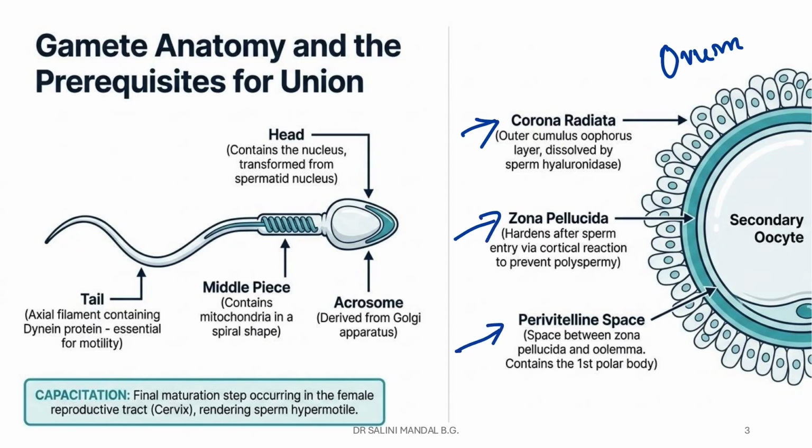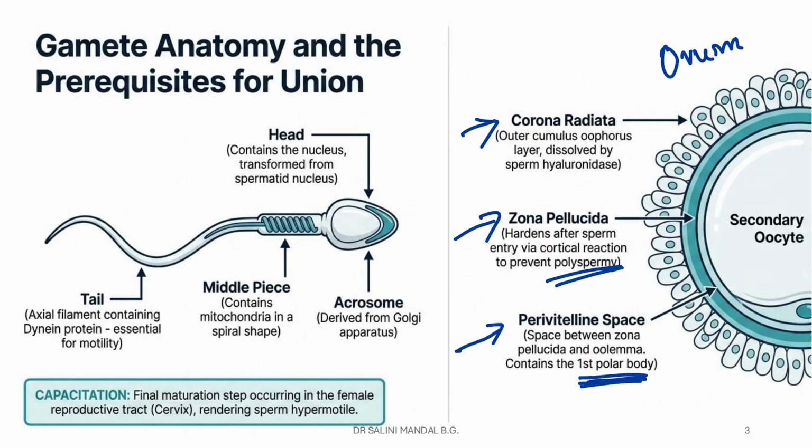The space between the zona pellucida and the oolemma is known as the perivitelline space, and this is the place where the first polar body is present. The zona pellucida hardens after sperm entry via the cortical reaction, because they need to prevent polyspermy.